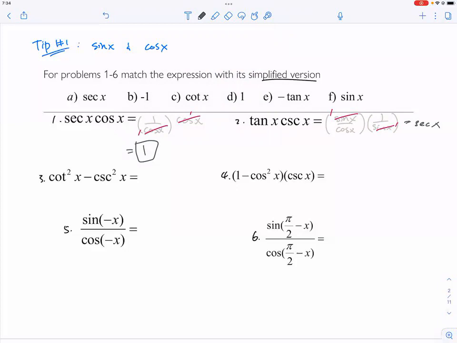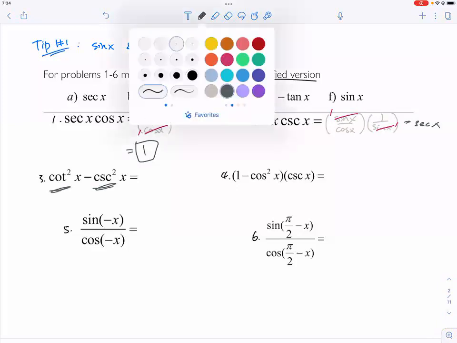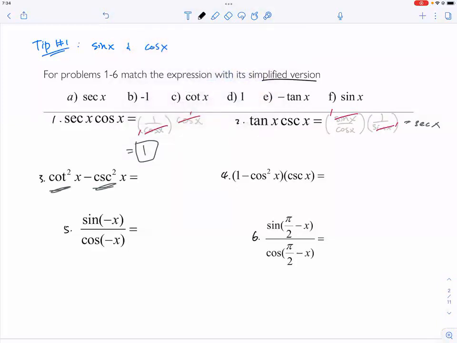Remember there was the Pythagorean identity that has something to do with cotangent and cosecant? Well, I know that we have cosine square x plus sine square x equals 1.